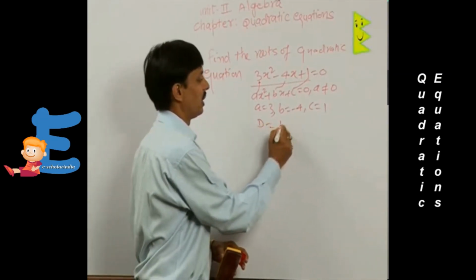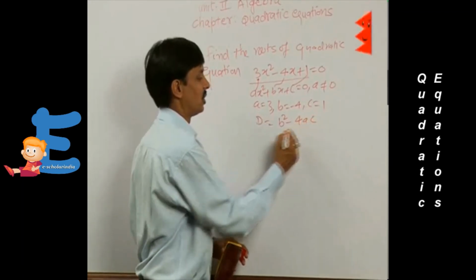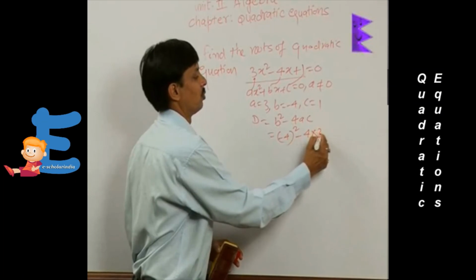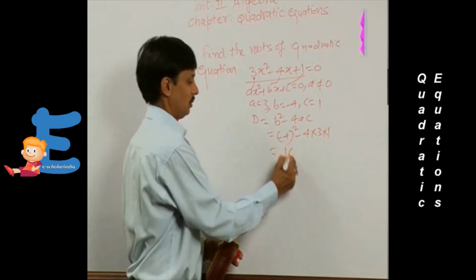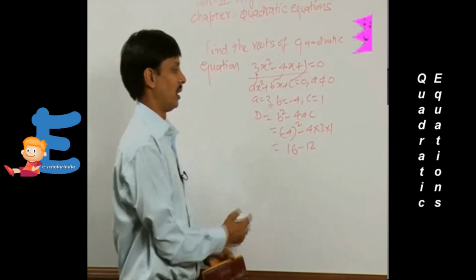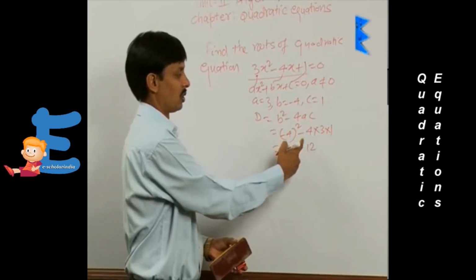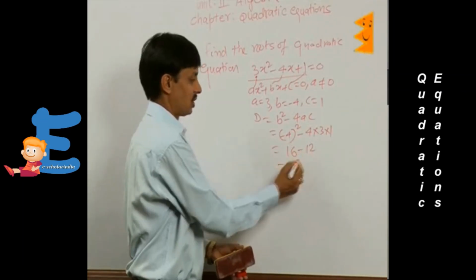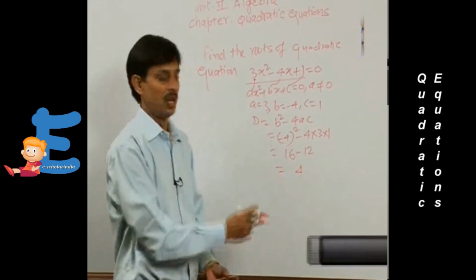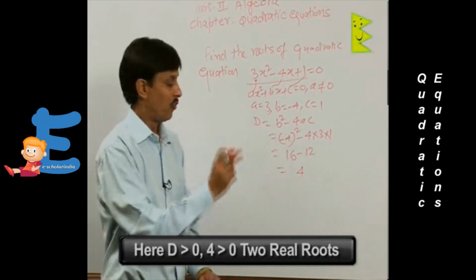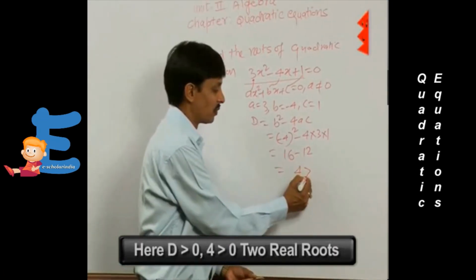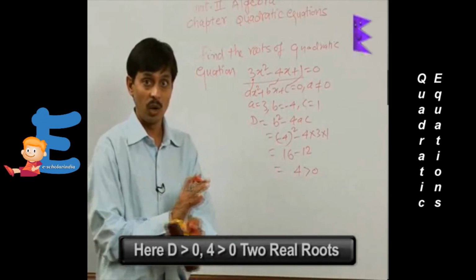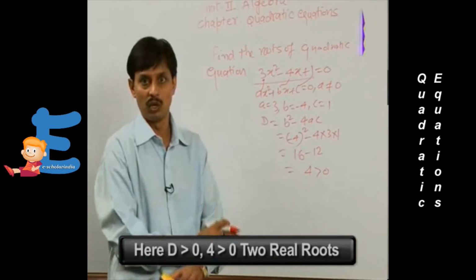The discriminant is b square minus 4ac, giving us minus 4 whole square minus 4 into 3 into 1, which becomes 16 minus 12. 4 3s are 12. This is giving us 4. The value of the discriminant is 4, which is greater than 0. So it has two real roots, and both roots are not equal: real and unequal roots.